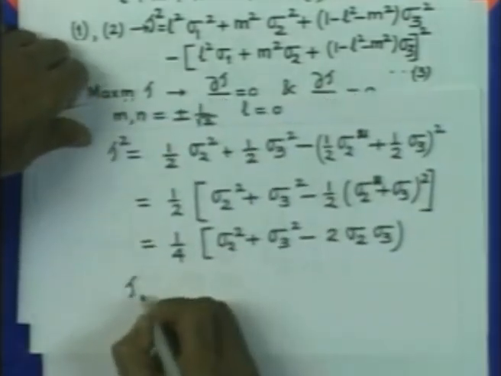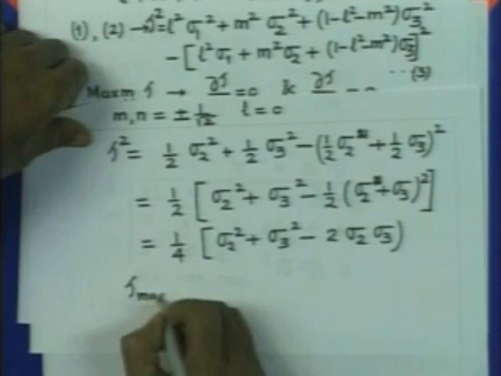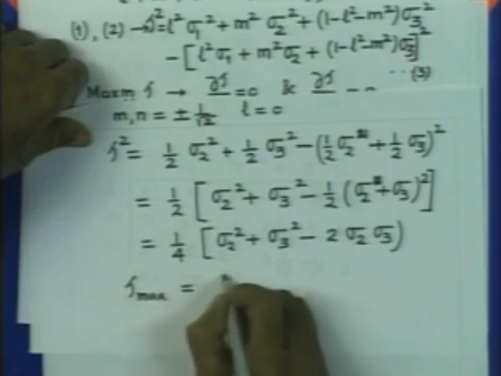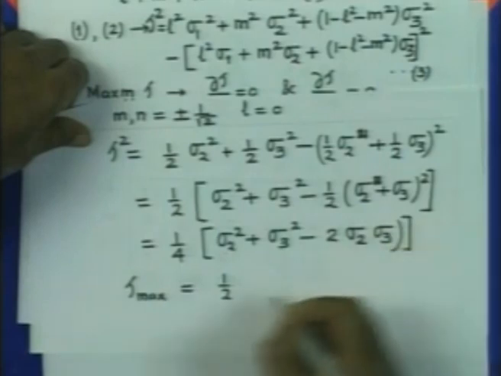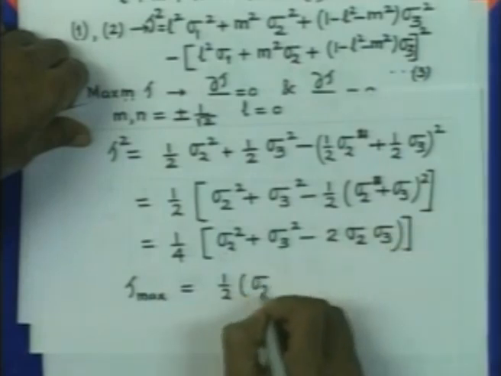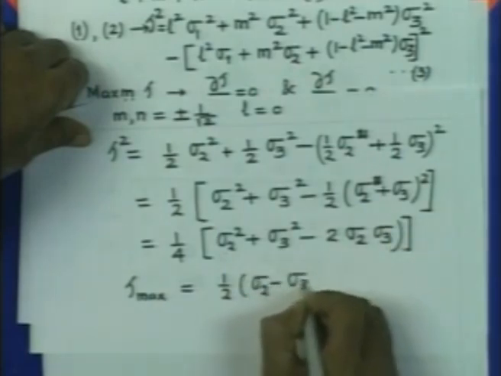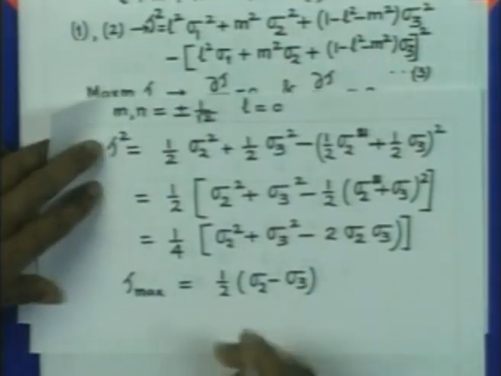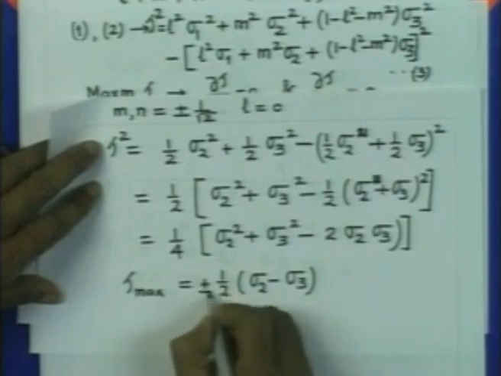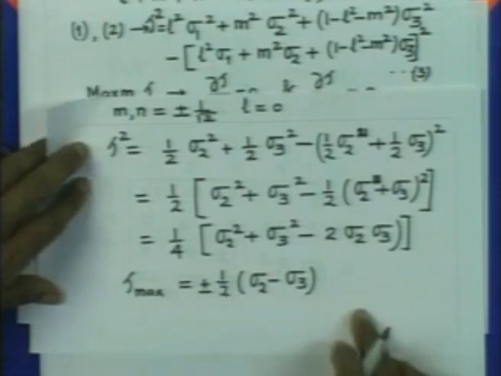So, tau maximum is nothing but equal to half sigma 2 minus sigma 3. So, the maximum shear stress is going to be plus minus half sigma 2 minus sigma 3.